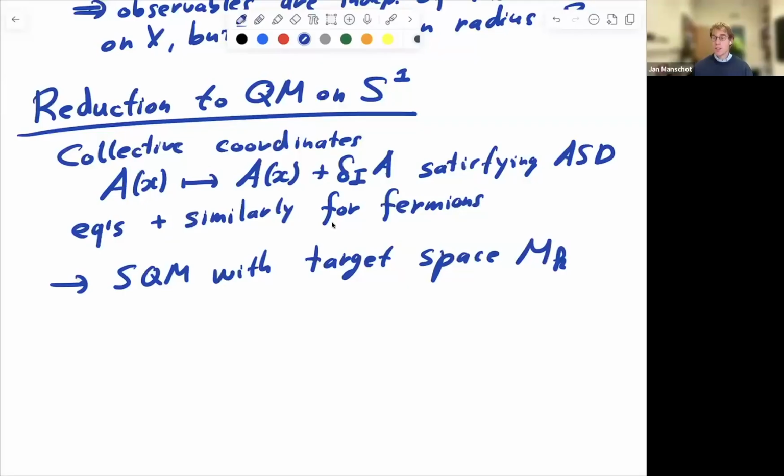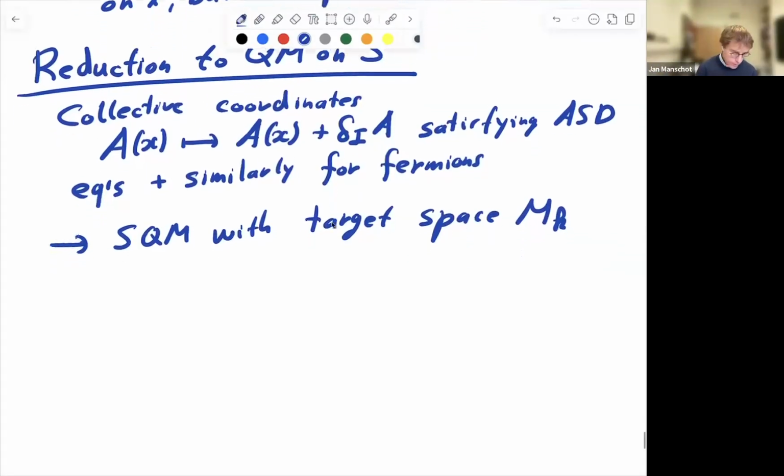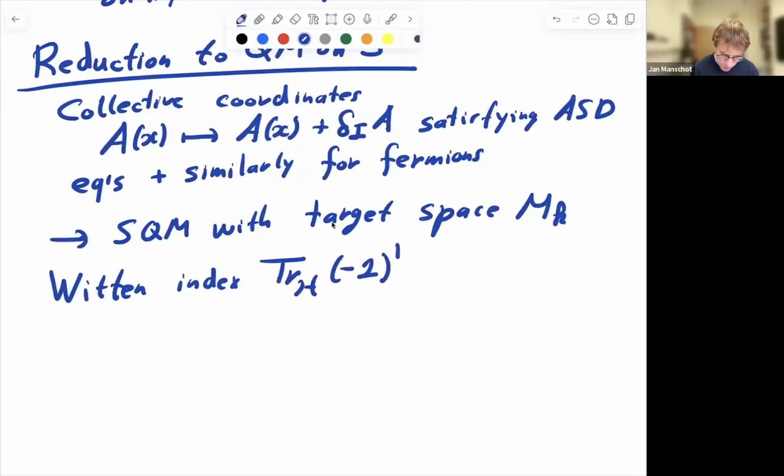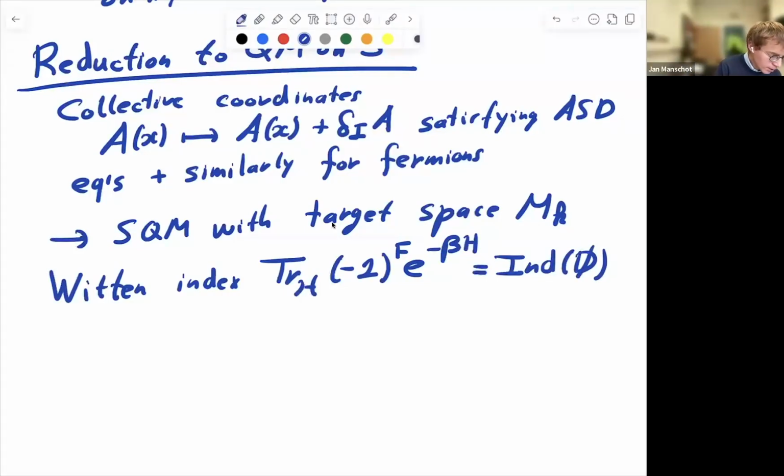So for each instanton number, you would get a different quantum mechanical theory. And the partition function of this quantum mechanical theory gives us the Witten index: trace over the Hilbert space of (-1)^F e^(-beta H), which then evaluates to the index of the Dirac operator on M_K. Okay, any questions?